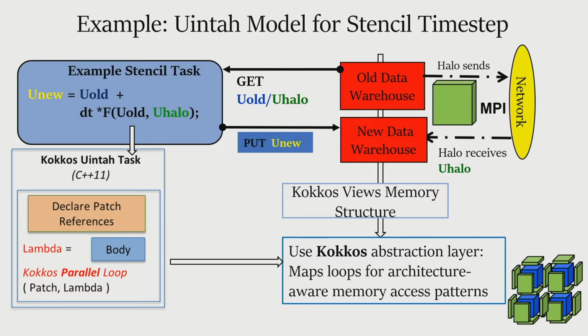So we create new U in the stencil task here, and that involves this COCOS Uintah task using the C++ 11 features for the lambdas, for the anonymous function pointers. And then at the end of the step, we put the new solution back into the data warehouse and go round again. Memory is controlled by COCOS views, so there's this COCOS form of memory, and we use this COCOS abstraction layer to map loops and to use architecture-aware loops, memory structures and so on.